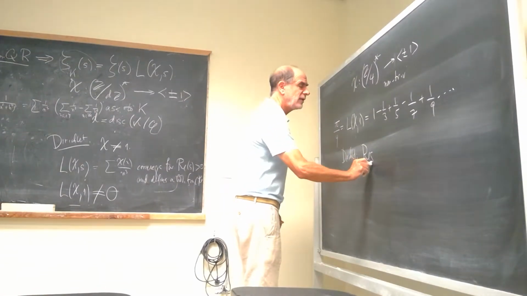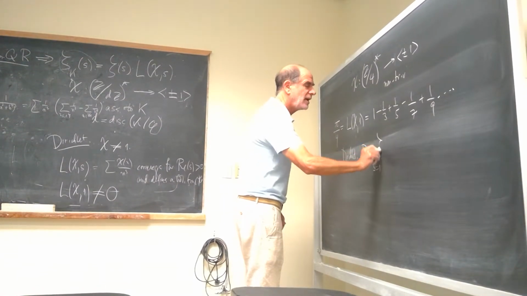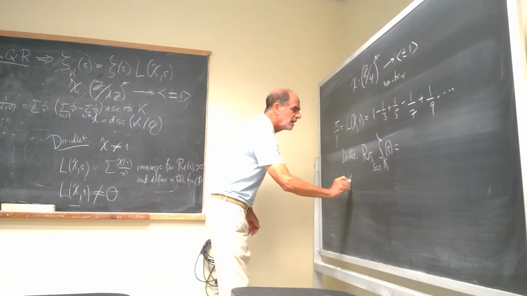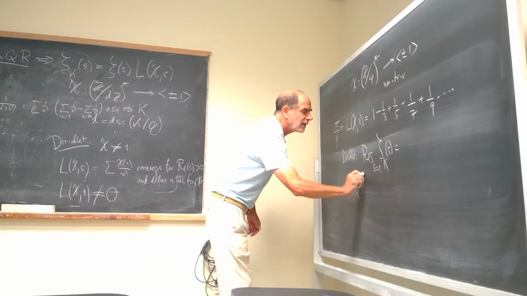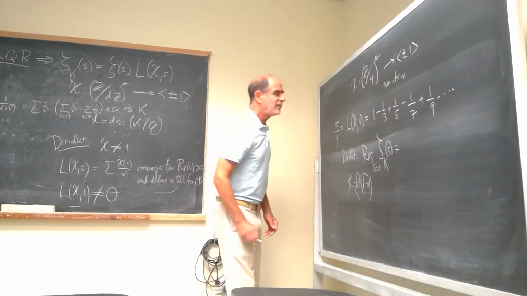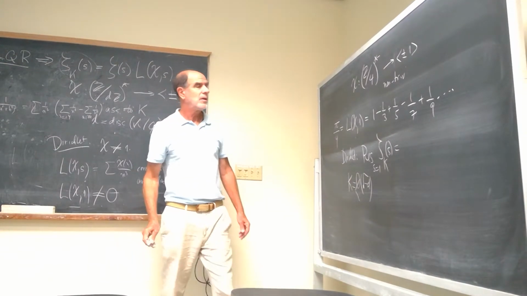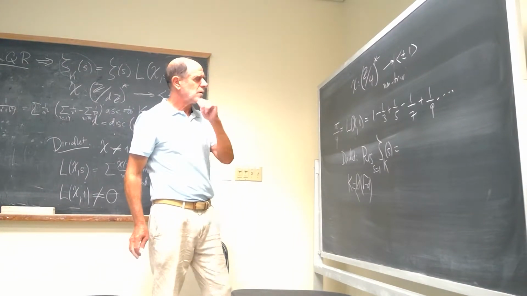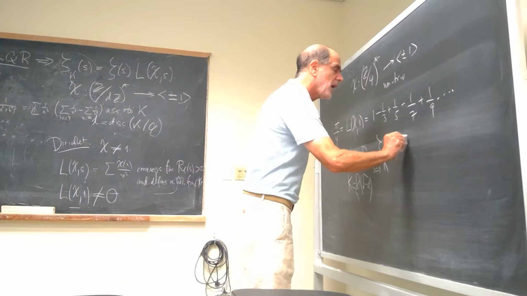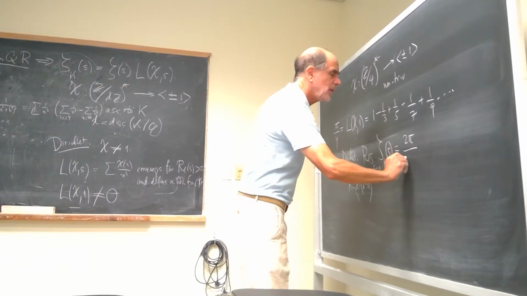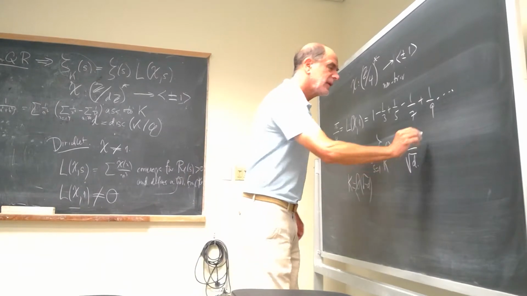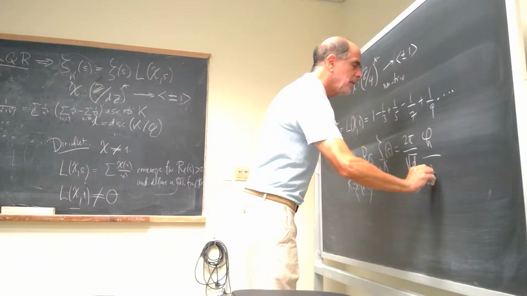that the residue at s equal 1 of zeta of k of s, for k an imaginary quadratic field, I'll give you imaginary quadratic field first, was equal to 2 pi over the square root of the discriminant times the class number over the number of roots of unity.